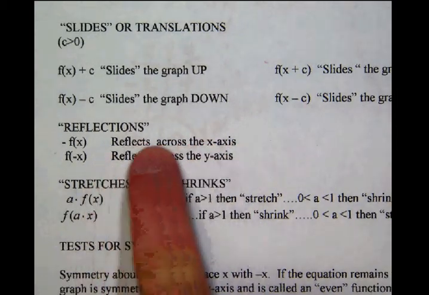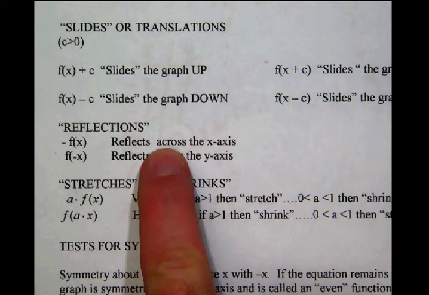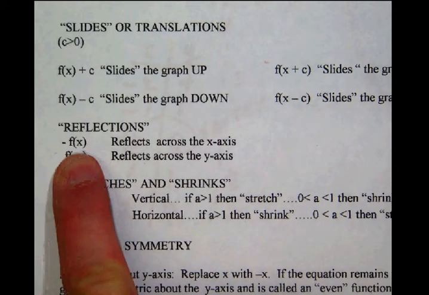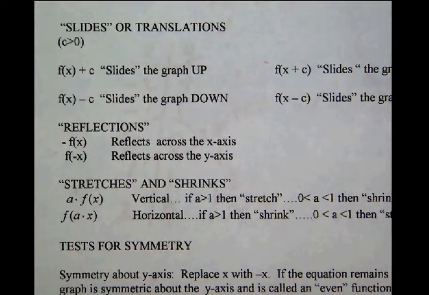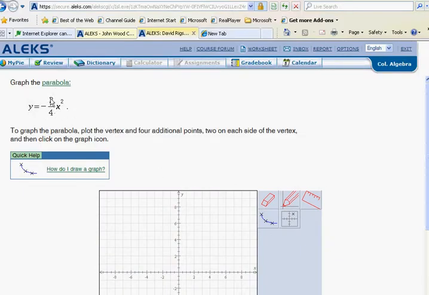Okay, so we're going to do a couple things. We're going to flip the graph upside down in our particular case here, and then furthermore, we're going to kind of crush it, because you see here we have this 3/4 value. Now our normal parabola, let's tell you once again what normal is like. So we're going to have a normal situation with a vertex at 0, 0. We're going to go over 1, up 1, over 1, up 1 in both sides, over 2, up 4, over 2, up 4.